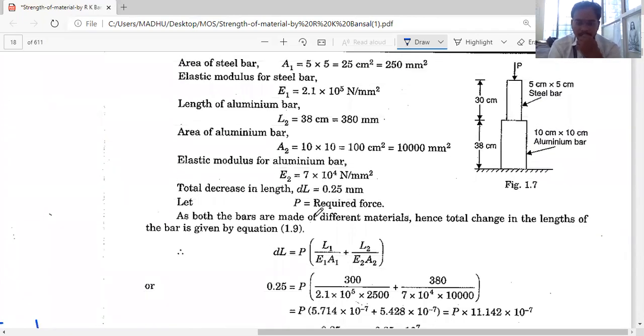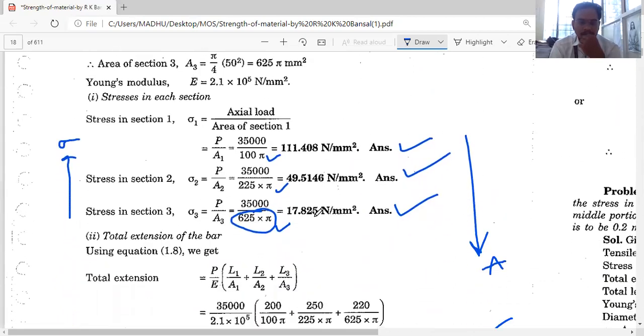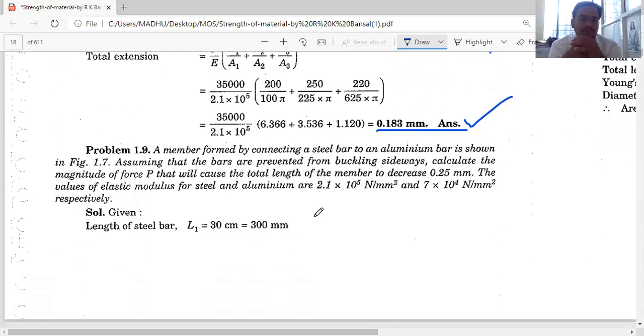Next problem. A member formed by connecting a steel bar to an aluminium bar is shown in figure 1.7.